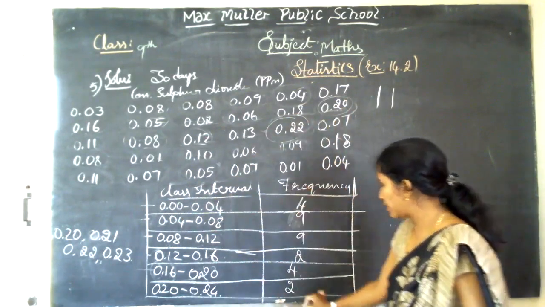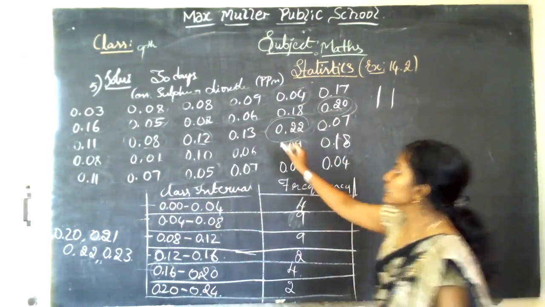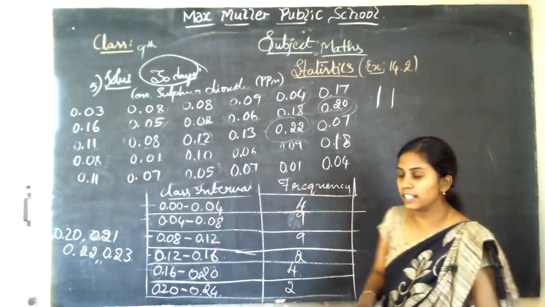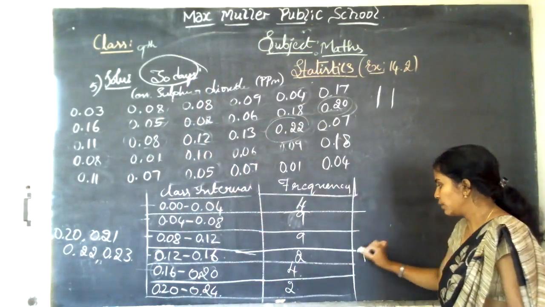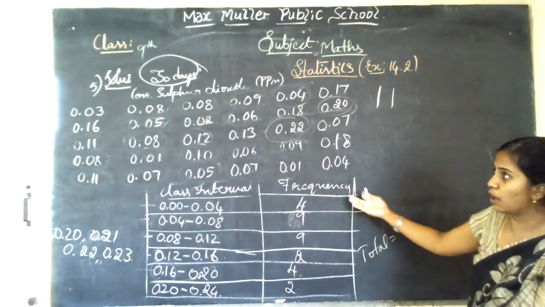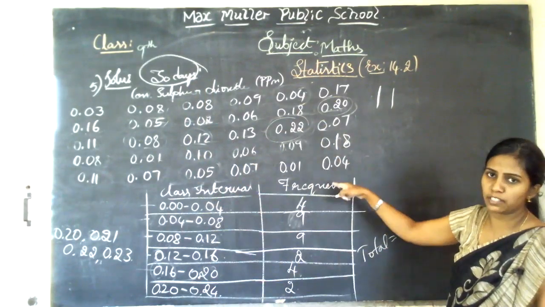So what you have to do finally is verify whether you have got 30 days. How to verify it? By totaling it. You have to get a total of 30. If you do not get 30 as the total, you have to recheck it once.